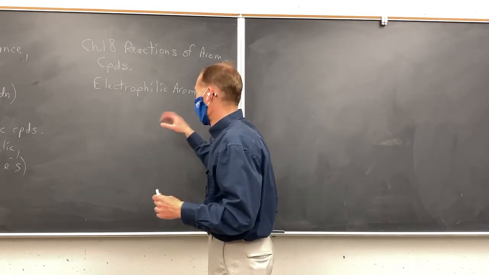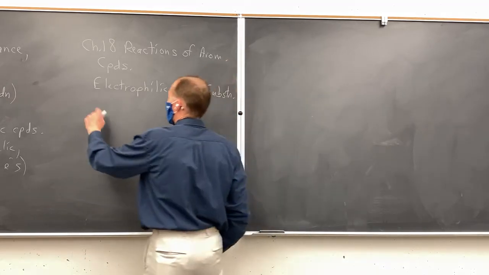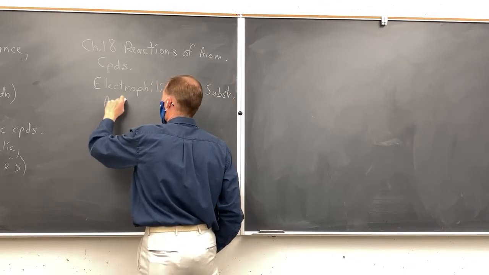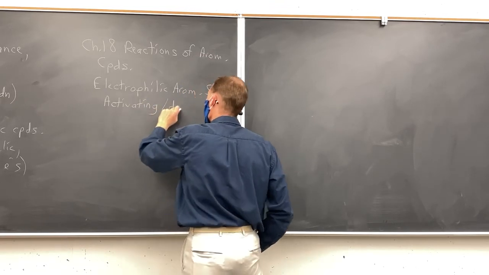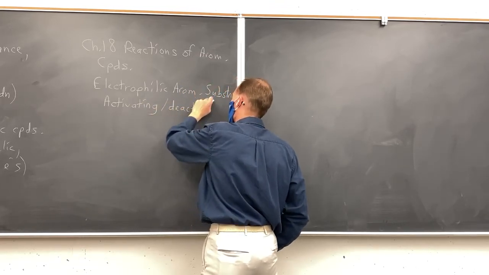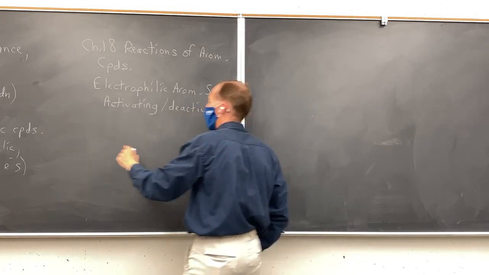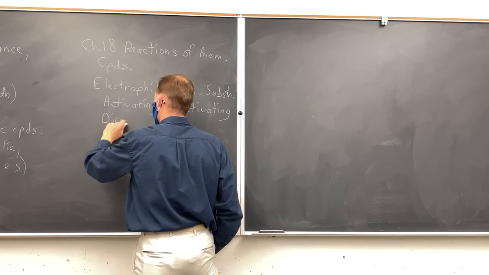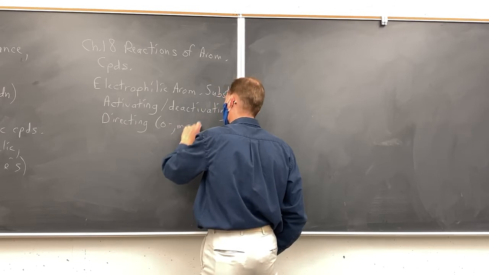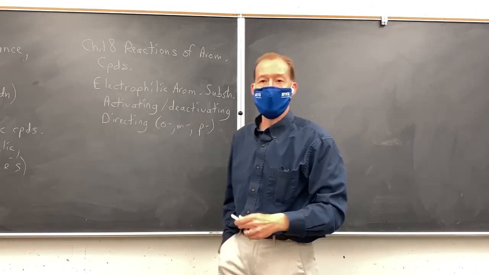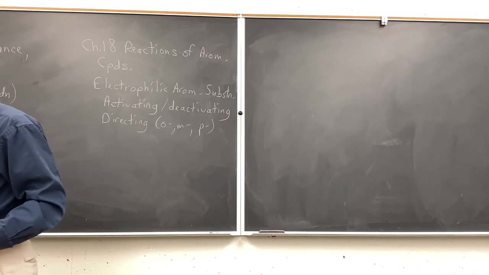In addition to knowing the reagents and the products, we have our activating and deactivating effects of substituents on the benzene ring, and our directing effects, ortho, meta, or para. Being able to understand those effects is important.